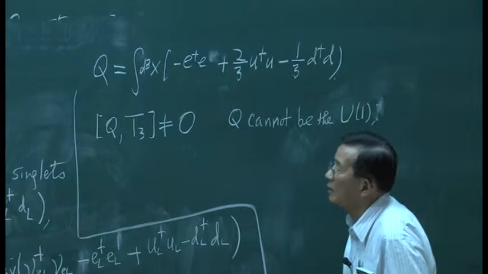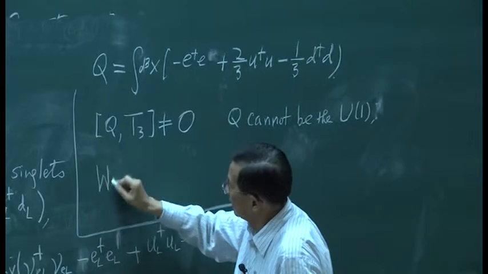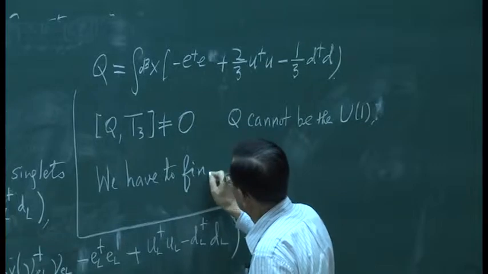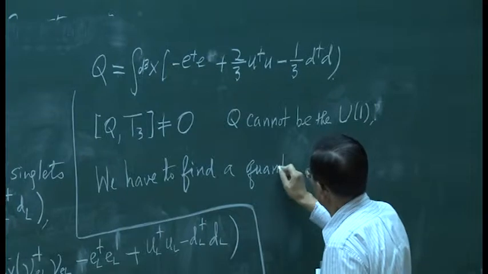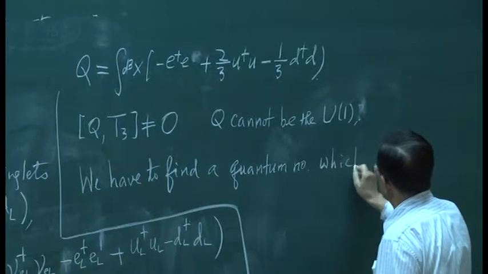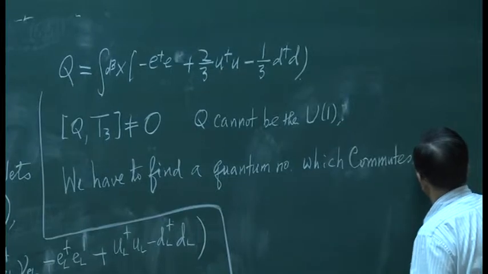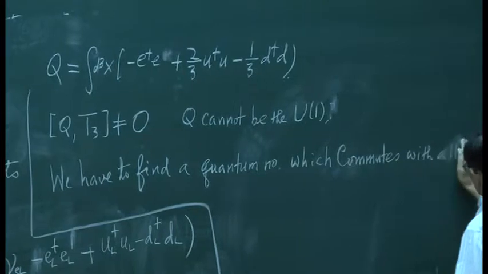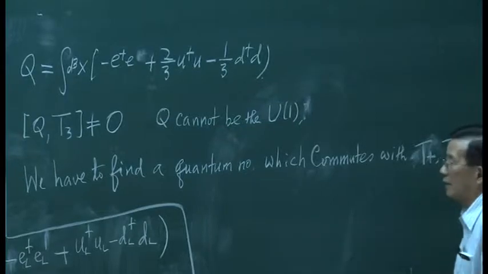So what could it be? Well, we have to find a quantum number which commutes with all T plus, T minus and T3, okay?